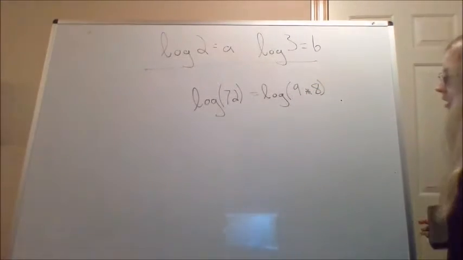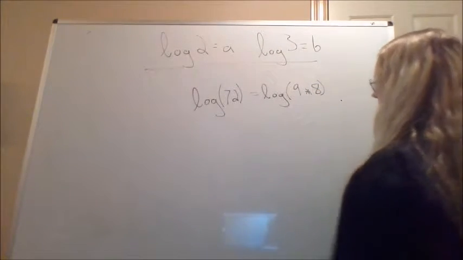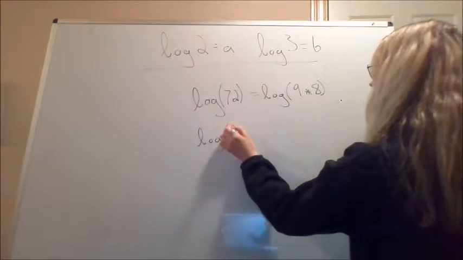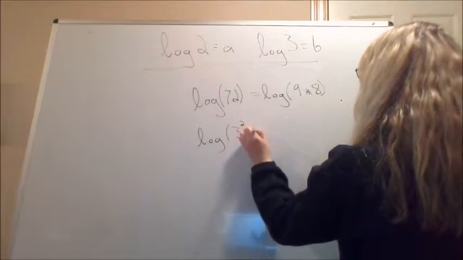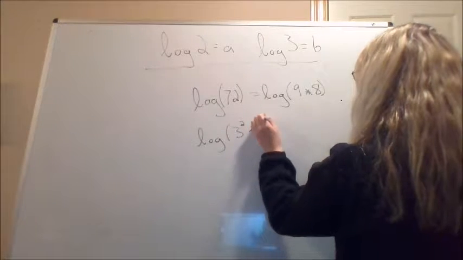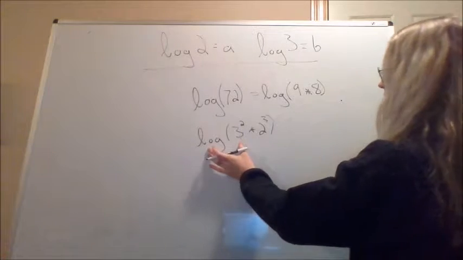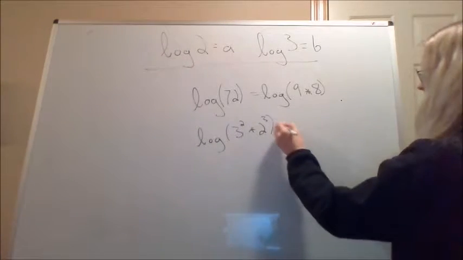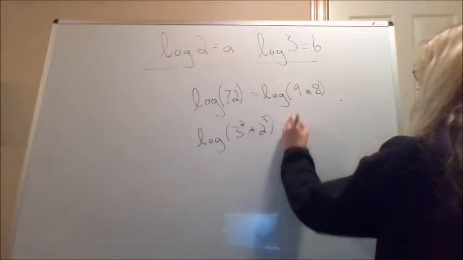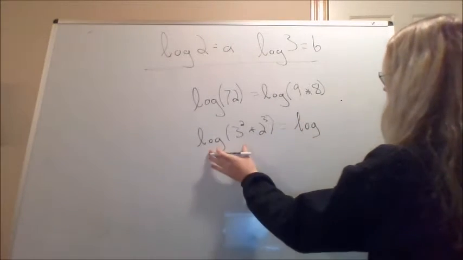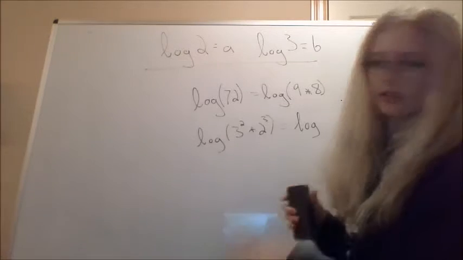Another way to express 9 times 8 is log of 3 squared times 2 to the third power. So now we can use our product property of logs here to split the multiplication up into 2 logs added together.